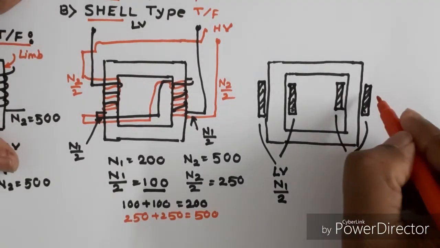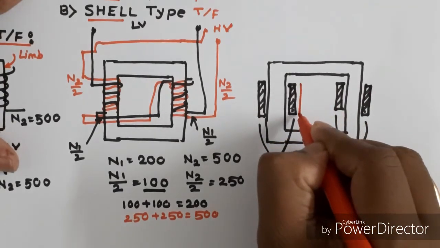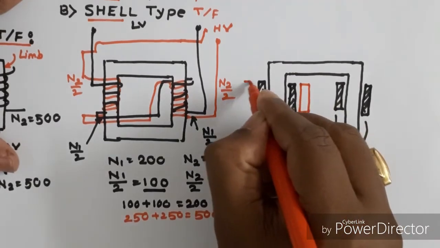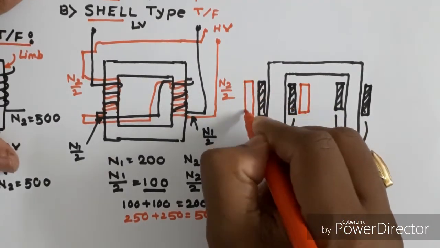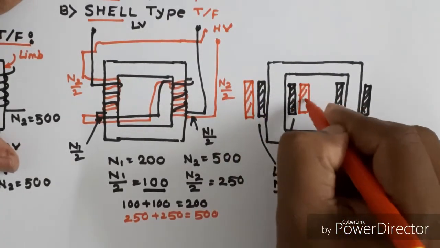Over the LV winding, there is the high voltage winding, the HV winding.